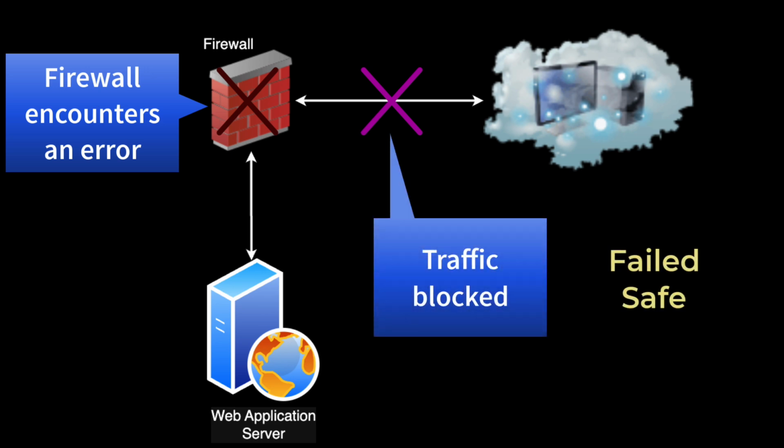Or if an application crashes, it should not dump sensitive information to the screen or logs for an attacker to read. NIST emphasizes that a failure should not result in an unacceptable loss of information. In other words, even a failure shouldn't compromise our overall safety and security goals.